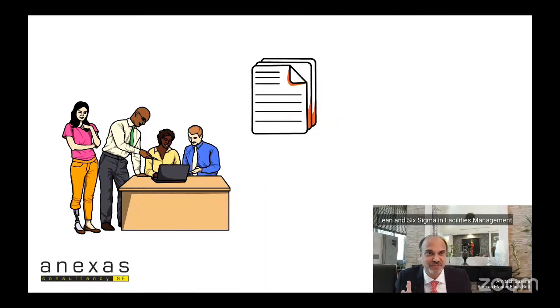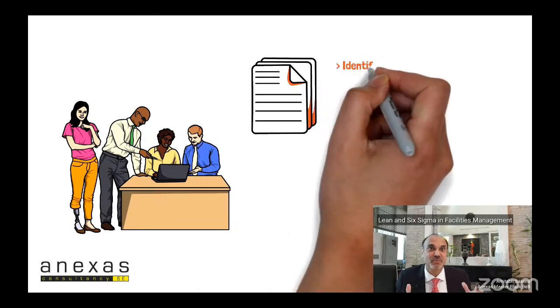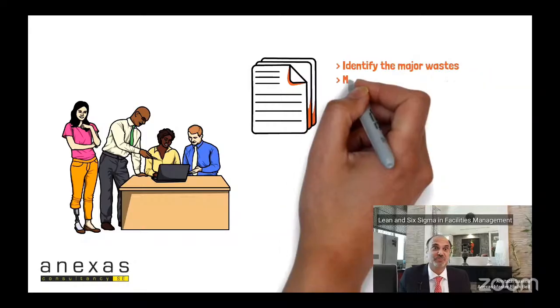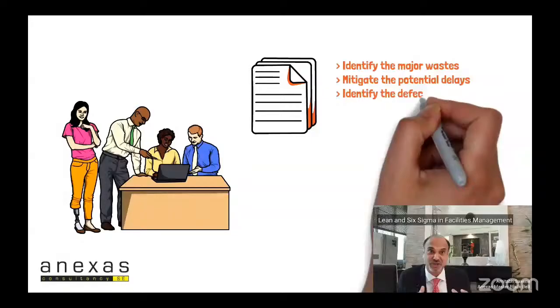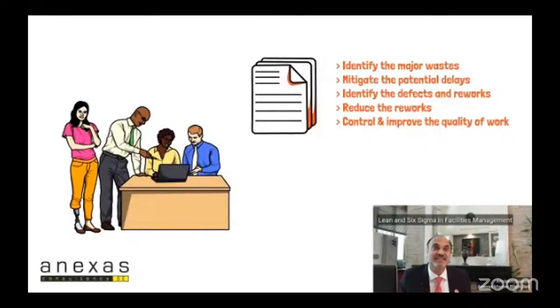When these projects are being executed, you identify the major wastes, you mitigate the potential delays, you identify the defects and reworks, and reduce the reworks, control and improve the quality of work, and this is done in almost all areas.